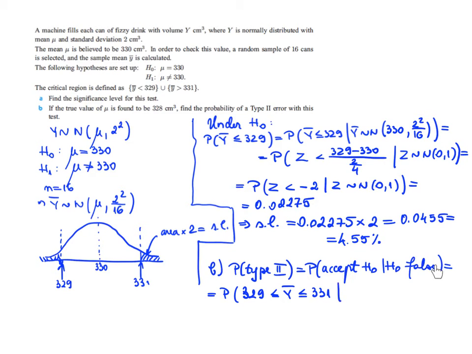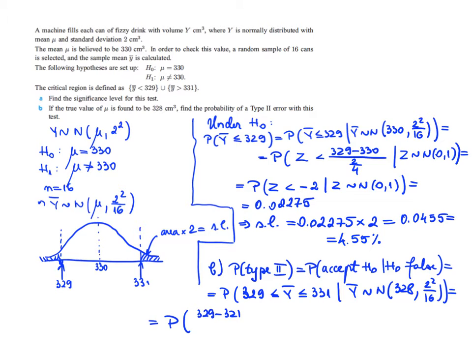What does it mean that H0 is false? It means that mu is not 330, and the new mean is given. The mean will be 328. Always this will be given. So that's my new distribution. So I need to calculate this probability on this new distribution.